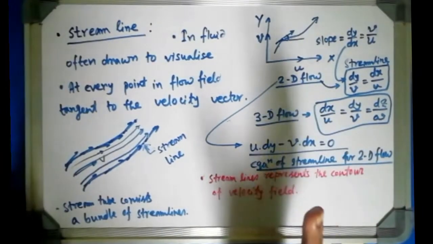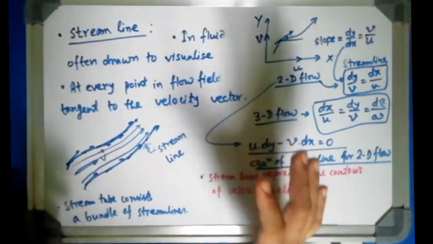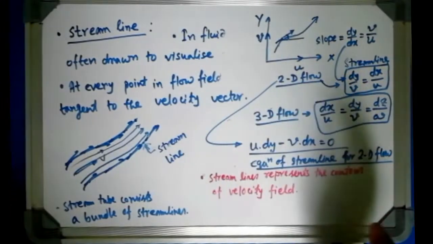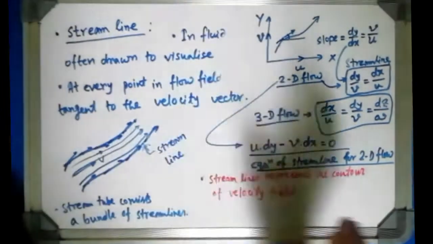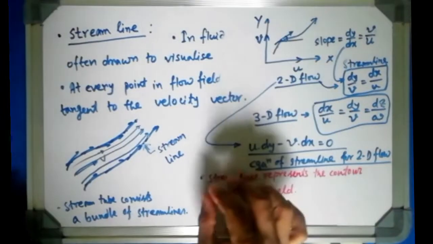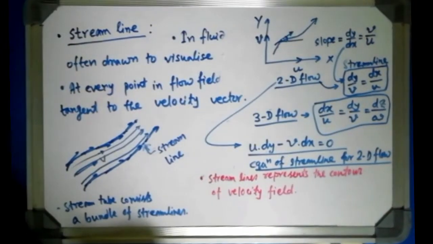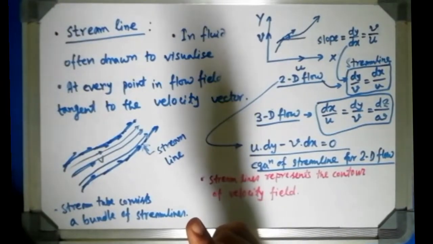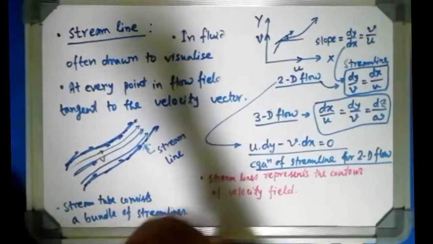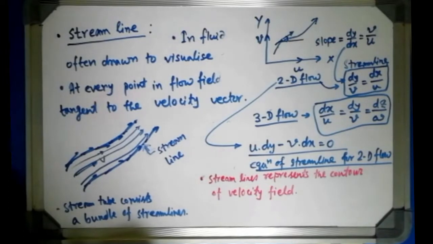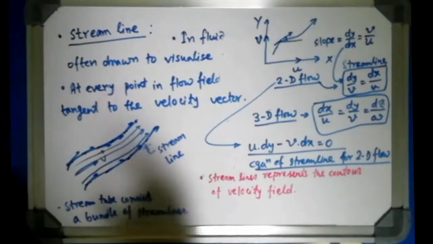In easy words I can give you an example. A streamline can be considered like a highway. Suppose you are running your car on a highway. The shape, direction and curve provided by the highway give you the direction of travel, in which direction you are going. So the highway can be compared to a streamline in a fluid flow.